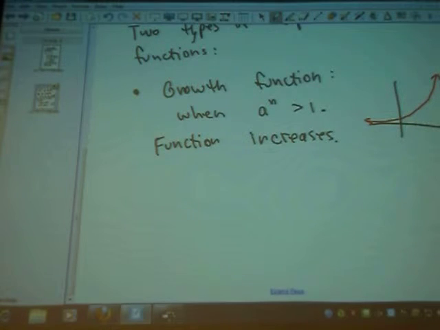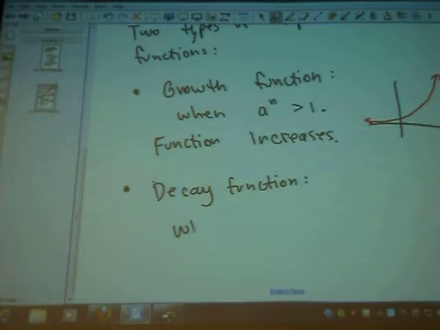Now the opposite of that is a decay function, where your values are getting smaller. So that's when your base is less than 1.